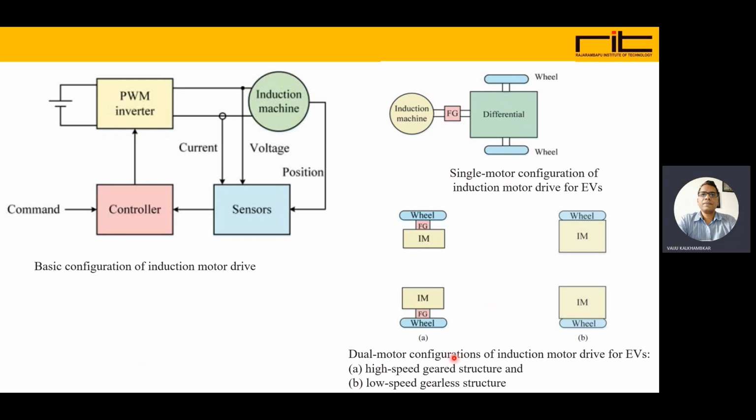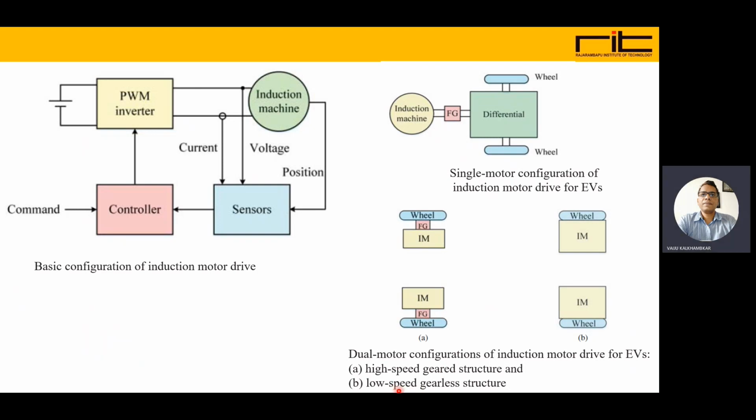In dual motor configuration, as we can see here, the first configuration is the high-speed geared structure. So here is the wheel, and this is the induction motor attached to this wheel with a fixed gearing arrangement. So there are two induction motors attached at two different wheels, maybe front driven or back driven.